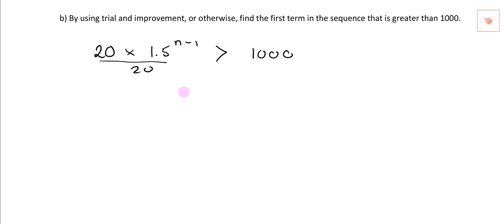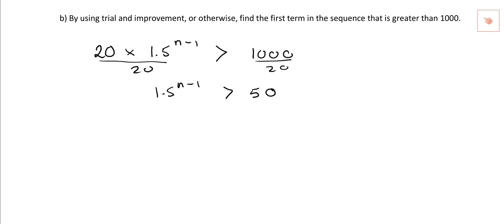Generally not too bad, yeah? Easy enough. The one that caused some people the problem, maybe. We need to figure out when is the first time that 20 multiplied by 1.5 to the n minus 1 has to be greater than 1,000. That's what we're trying to solve, which value of n. If I simplify, I divide through by 20, up to you if you do this or not: 1.5 to the n minus 1 greater than 50.